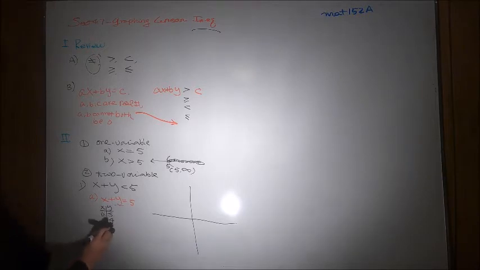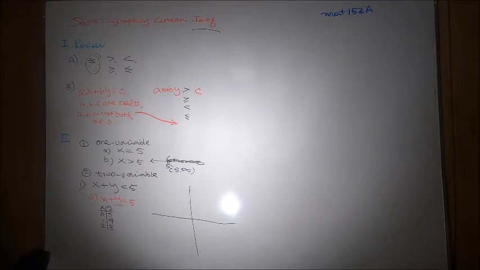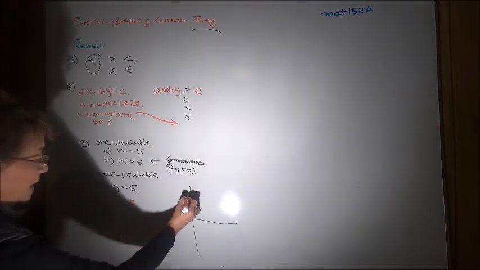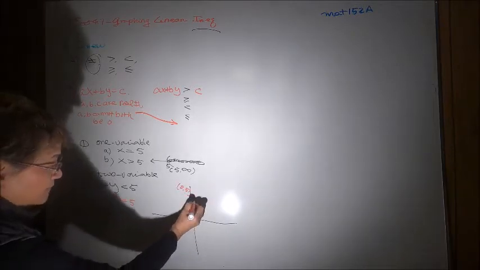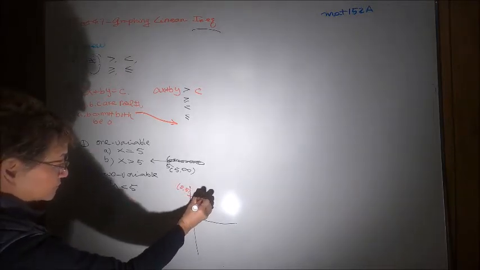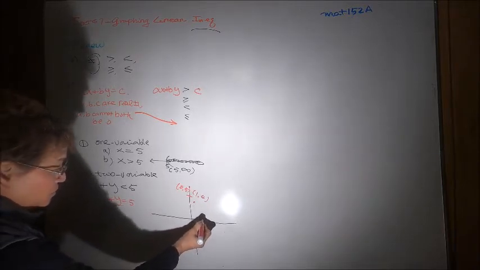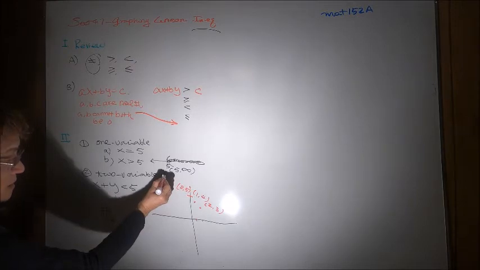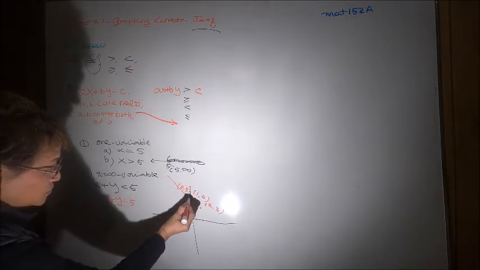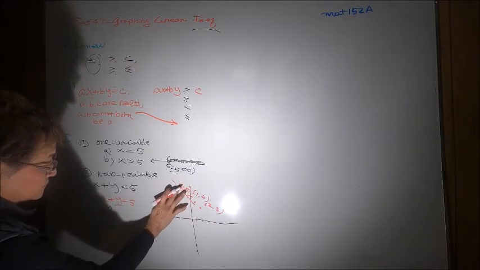For x is 2, y is 3, right? Things like that. Then what do you do? You will graph the line: 0, 5 and 1, 4 and 2, 3. Okay, so that's your boundary condition.